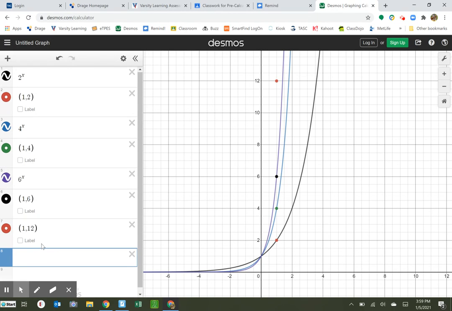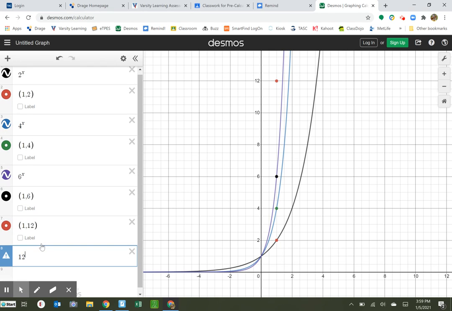And would it also go through the point 0, 1? I'm going to guess, based on the first 3 that I did, that it is going to do that. So let's plot that. 12 raised to the x. And you can see that it does indeed go through 0, 1. And it also goes directly through that point that we have there.